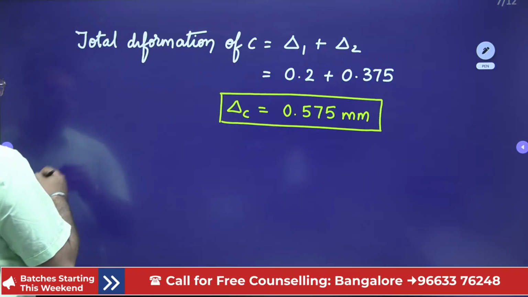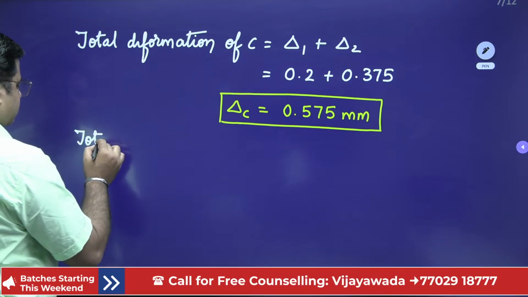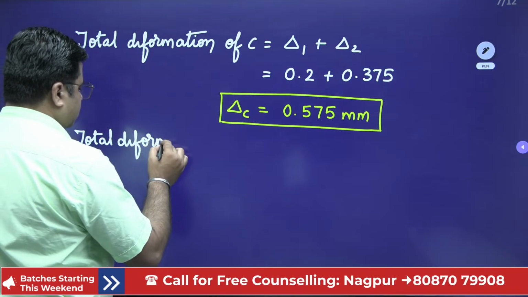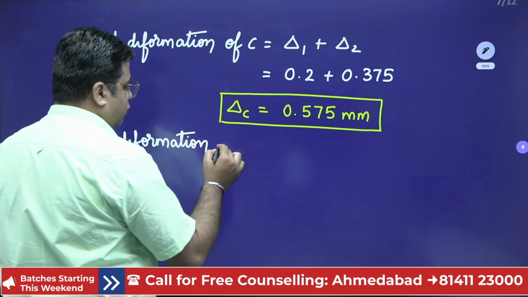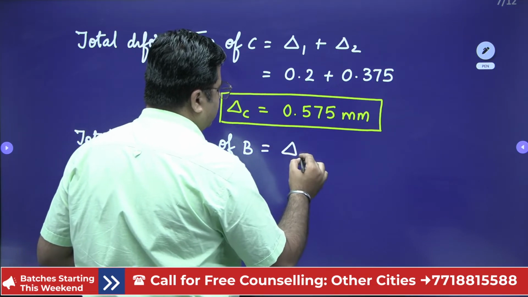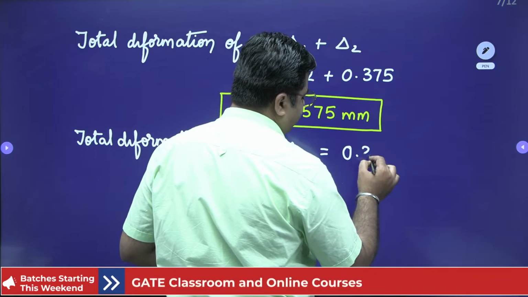So total deformation of B is only equal to delta 2, which is nothing but 0.375 mm.